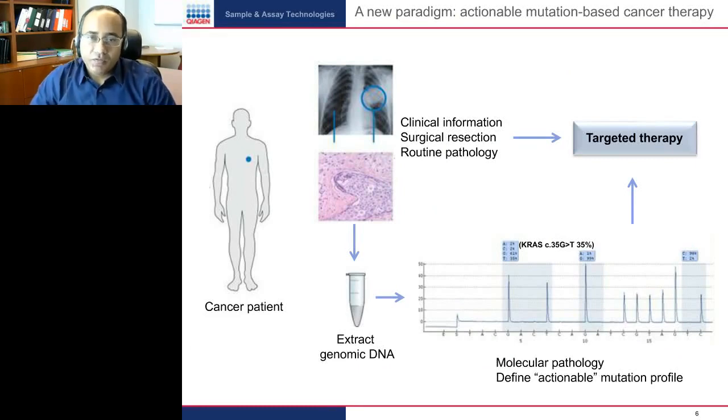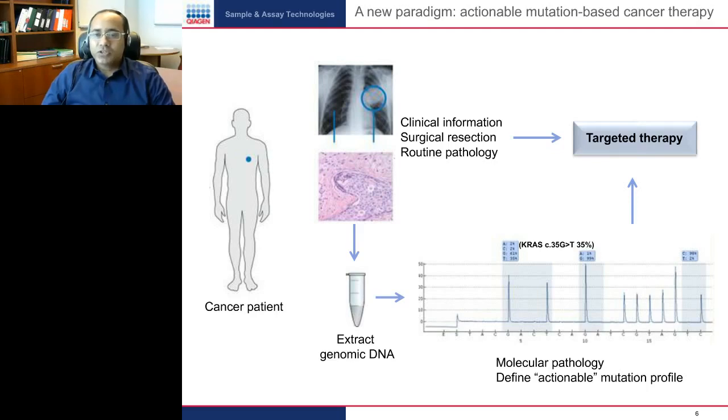If you look into the way cancer treatment is decided, there is a need to do not only a routine pathology analysis, but also a molecular pathology analysis, basically to define a so-called actionable mutation profile. And then one has to look into both the information from the routine pathology analysis as well as the actionable mutation profile, and then one can decide about targeted therapy for that particular case.